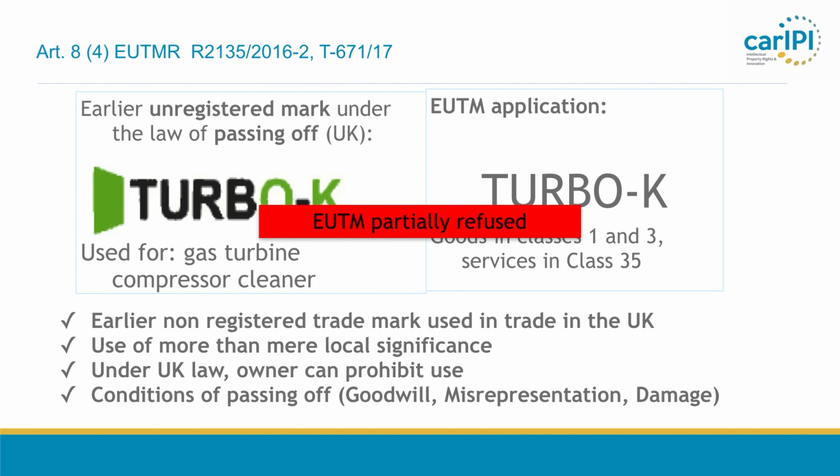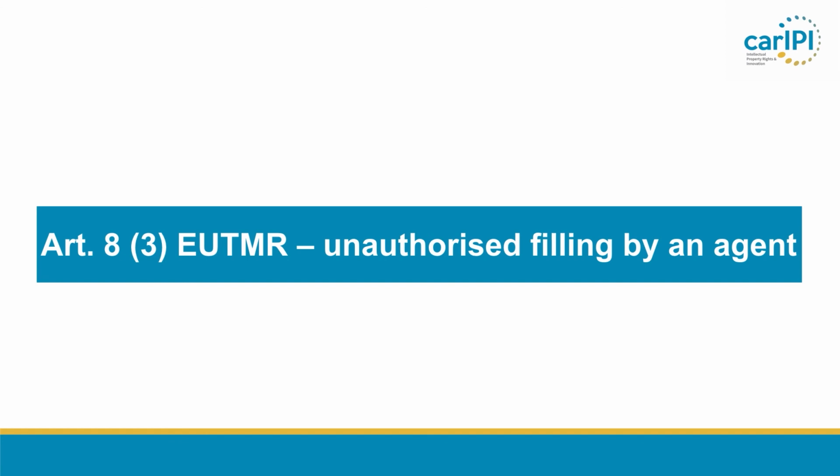And now, also very briefly, the last ground, that is an unauthorized filing by an agent. Why do we have this ground? We have this ground so that a proprietor of a sign that is protected also outside the EU can prevent its contractor, its agent, its licensee from registering a trademark within the EU.